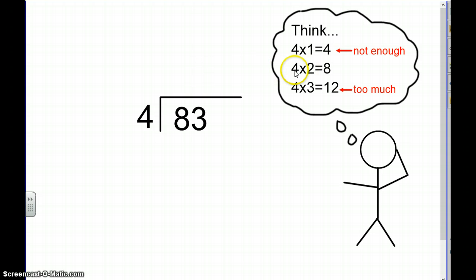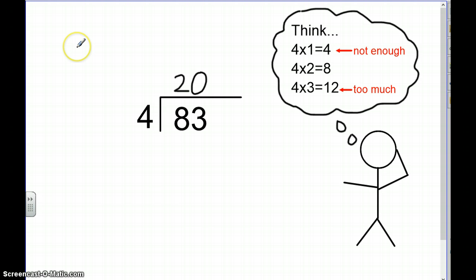So in your head, you're saying, oh, I know that 4 times 2 is 8, so I'm going to write my 2 right here, okay? 2 times 4 is 8. And since we're estimating, you're just going to stop right there, and you're going to put a 0 in the ones place. And you're going to tell yourself, okay, well, I know that 4 can go into 83 about 20 times.